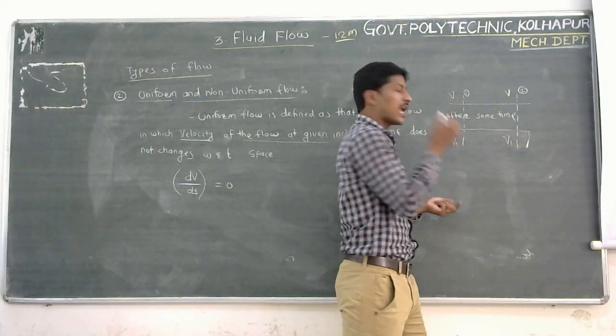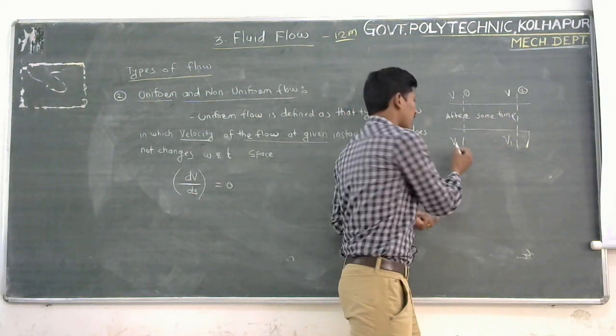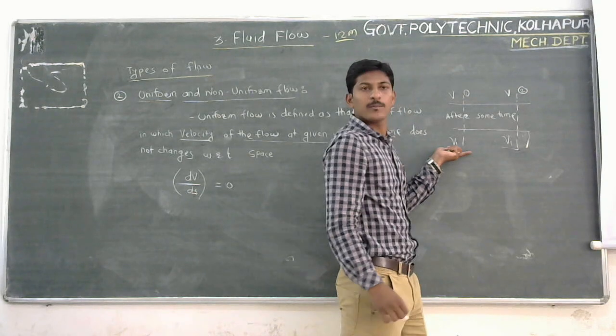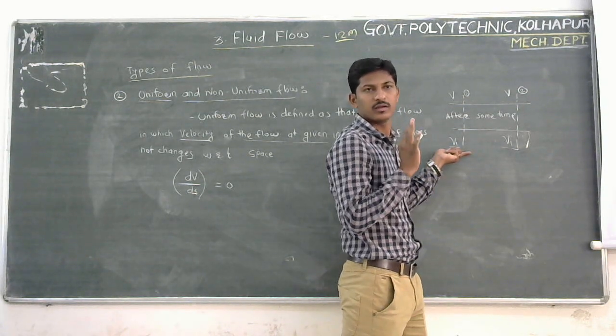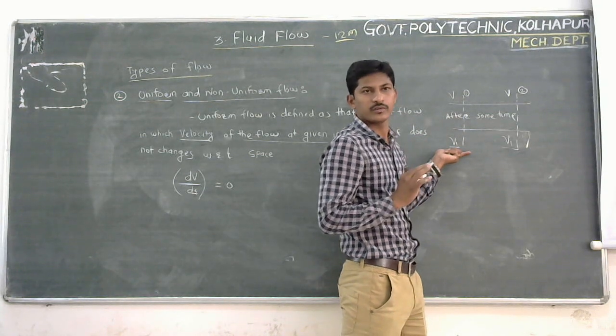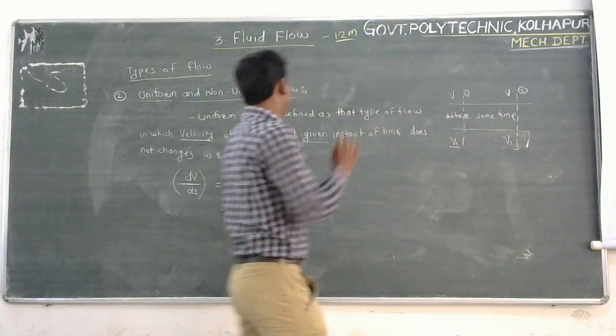Why? Because at that particular time the velocity was the same at any point throughout the flow field. So it is called uniform.